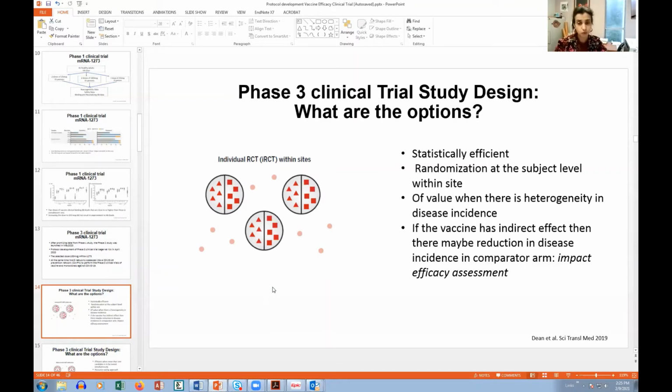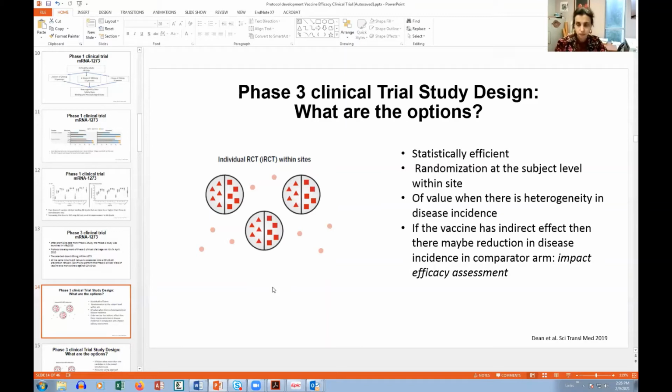These are usually the most statistically efficient ways to get an answer. The randomization is at the subject level within the site, and it is of value when there is heterogeneity in disease incidence, and that is definitely true when we started designing this study. The country was very heterogeneous in terms of who's having high COVID incidence and who was not.